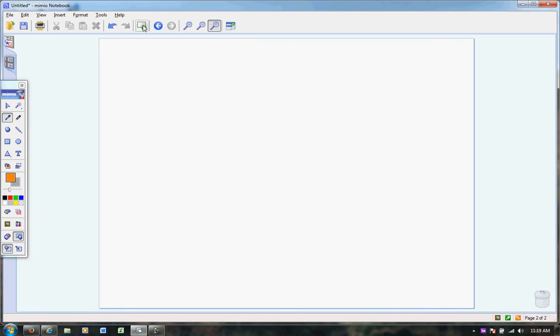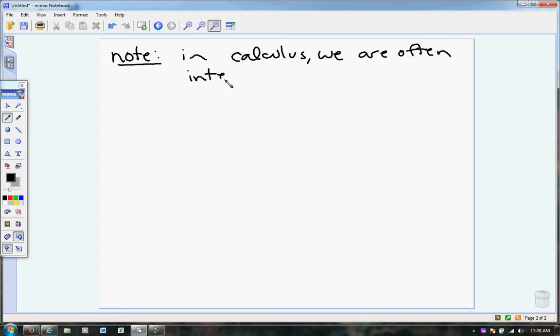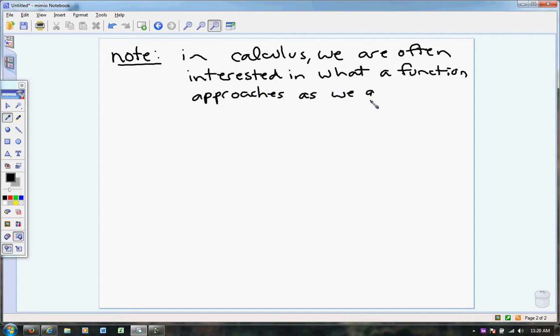And that leads us to this note. In calculus, we are often interested in what a function approaches as we get really close to a certain x.